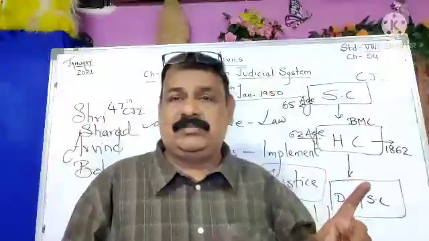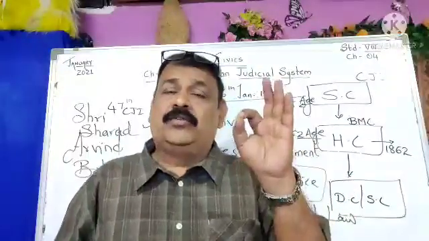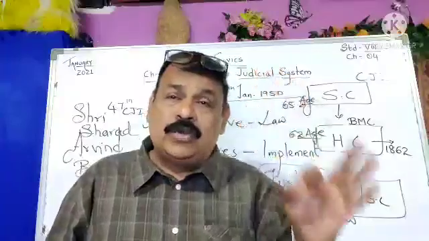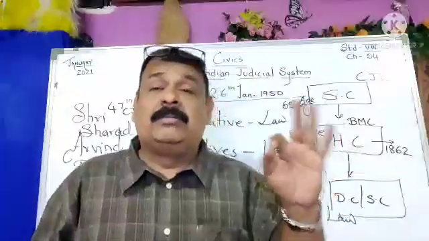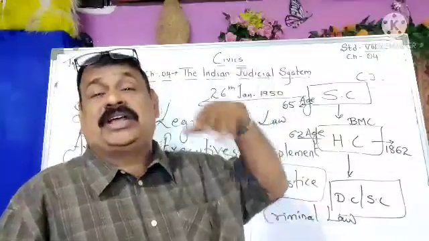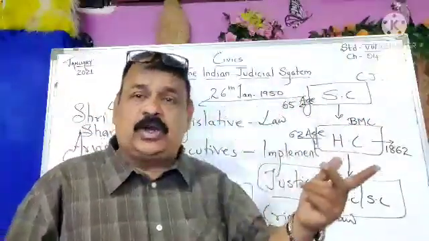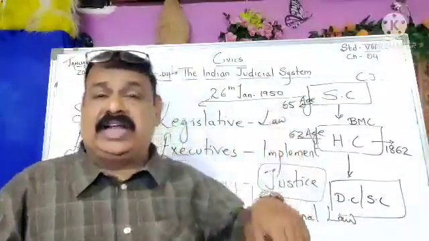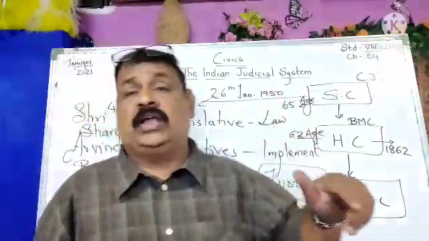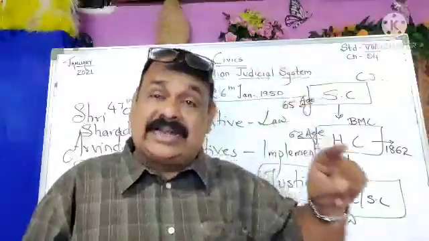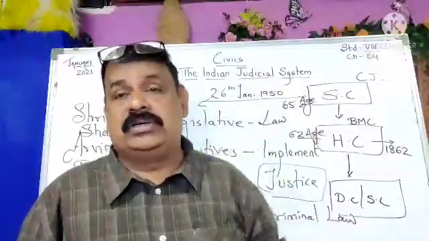That means a member of Parliament cannot criticize the judgment of the High Court or the Supreme Court. But yes, if they feel that the judge of the Supreme Court or the High Court is not working according to the Constitution, in that case, the judge can be removed.